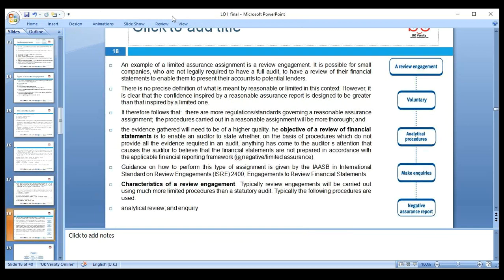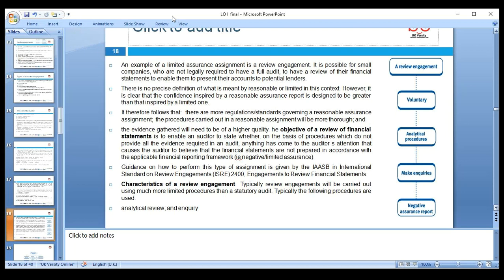Okay, next we have, when we do an audit engagement, the limited assurance review engagement. So we can use voluntary analytical procedures. Yes, different procedures, analytical, and make sure: is it a negative assurance report?